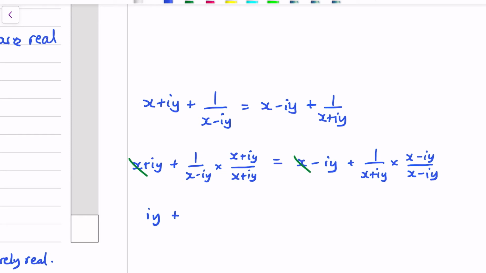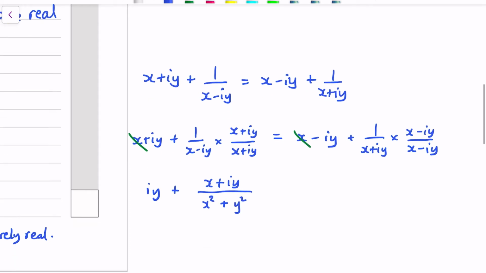Iy plus x plus iy all over, when we times a complex number by its conjugate, we get the real part squared and the imaginary part squared, equals minus iy plus x minus iy over x squared plus y squared.